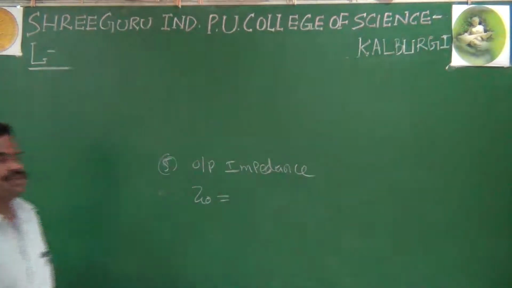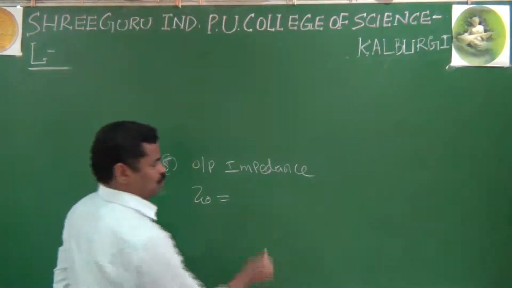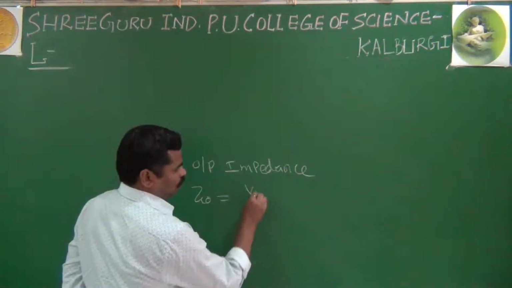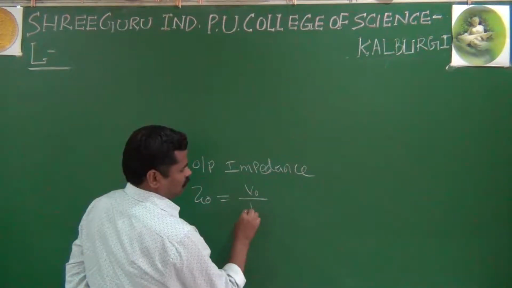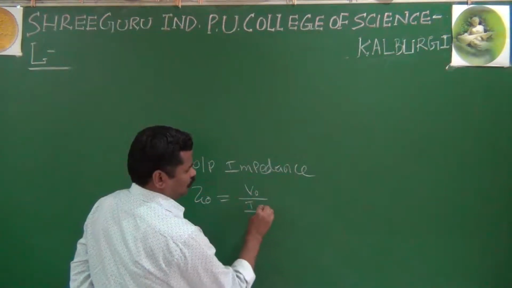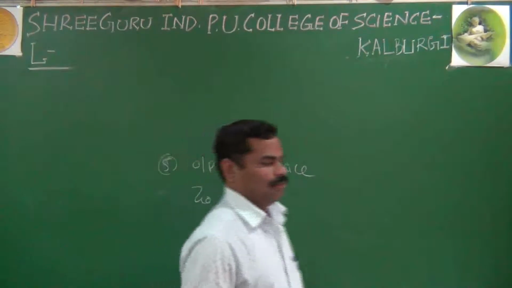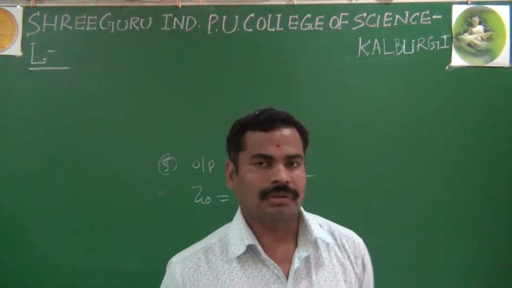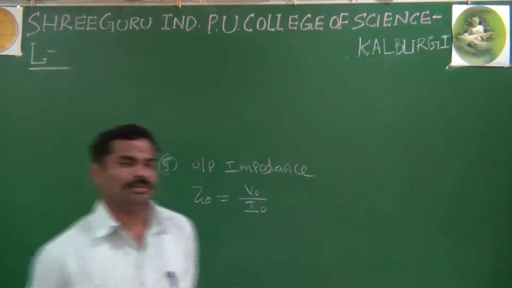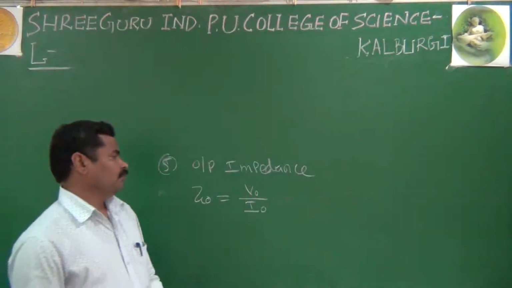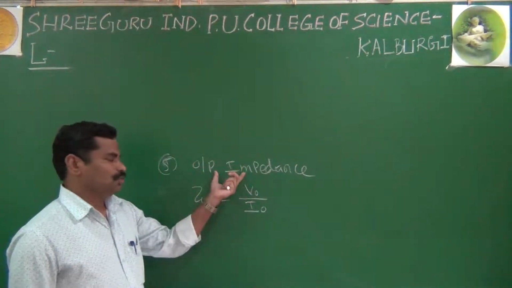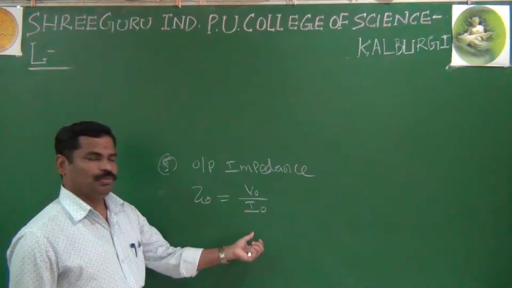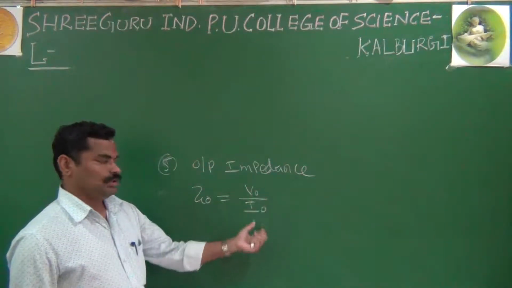And here also it is the ratio of the output voltage to the output current, because we know R is resistance. According to Ohm's law, you can write V by I; since you are going for the output impedance, it is the output voltage to the output current.